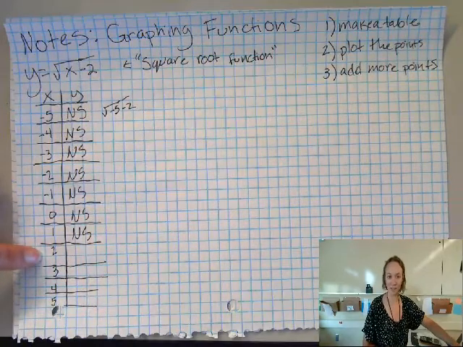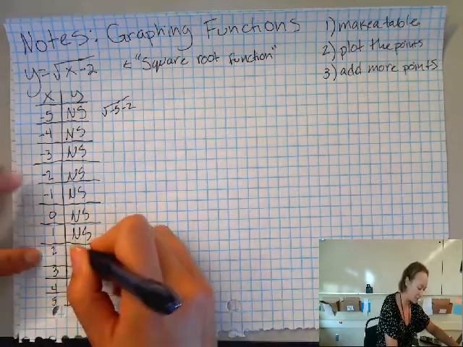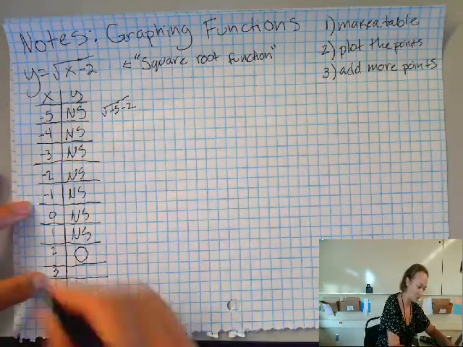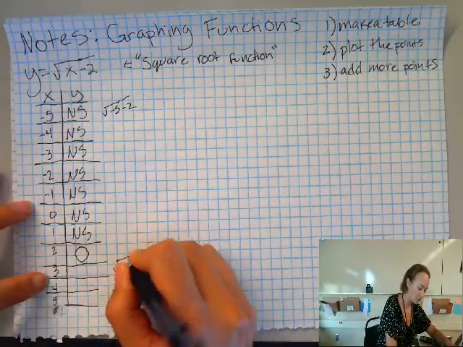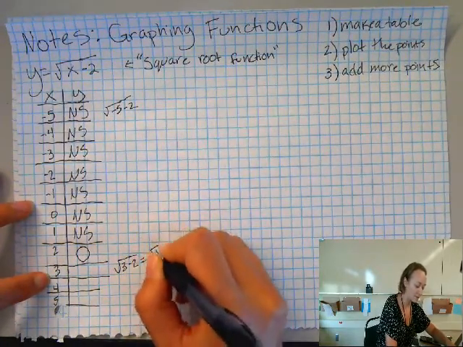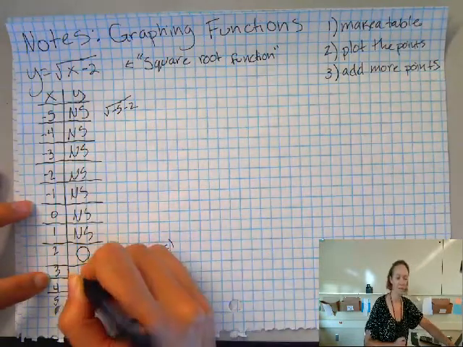2 minus 2, 0. Square root of 0 is 0. Yes! I finally have a point that works. Now I can go from here. 3 minus 2 is 1. Square root of 3 minus 2, square root of 1 equals 1. Fantastic.